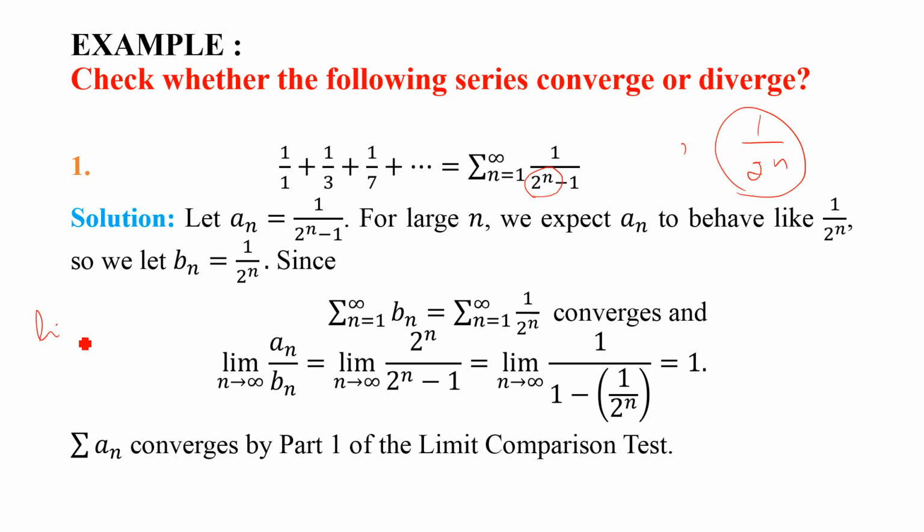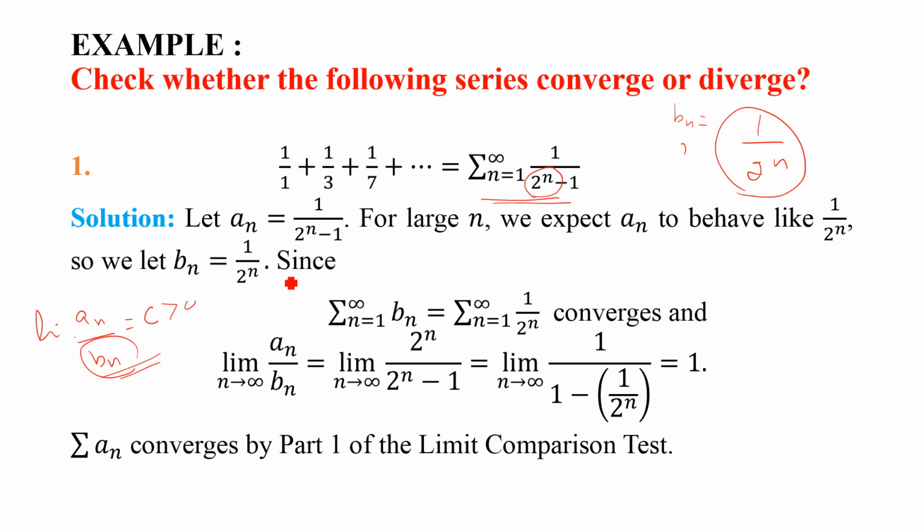But we need to show that the limit of an over bn is some c which is greater than 0, right? If we are able to show this, along with sigma bn convergent, then we can conclude that this is also convergent.